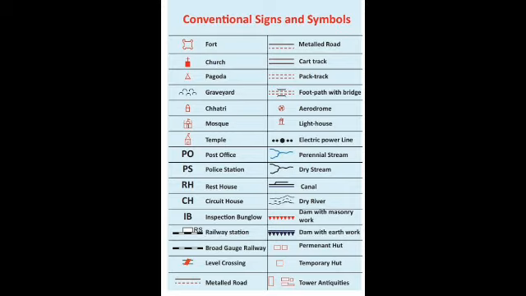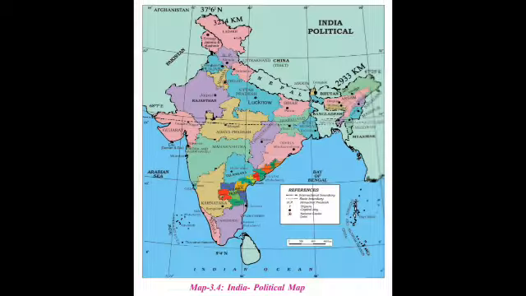Even if you don't know the language of an area and therefore cannot ask someone for directions, you can collect information from the maps with the help of these symbols, because maps have a universal language that can be understood by all. Look at some of the maps given in your book and try to figure out the important features shown on them.